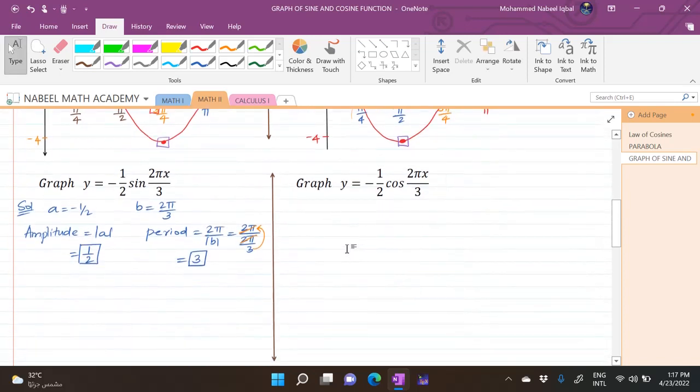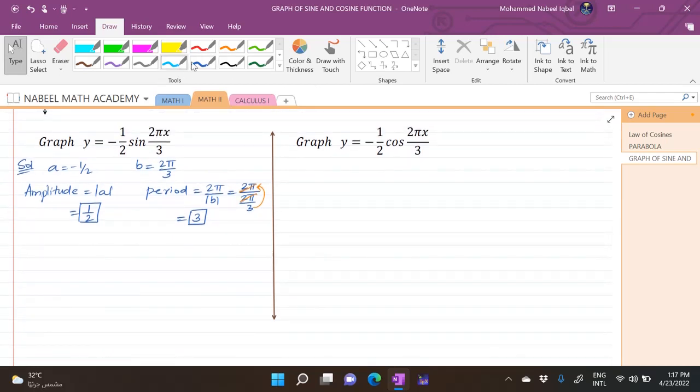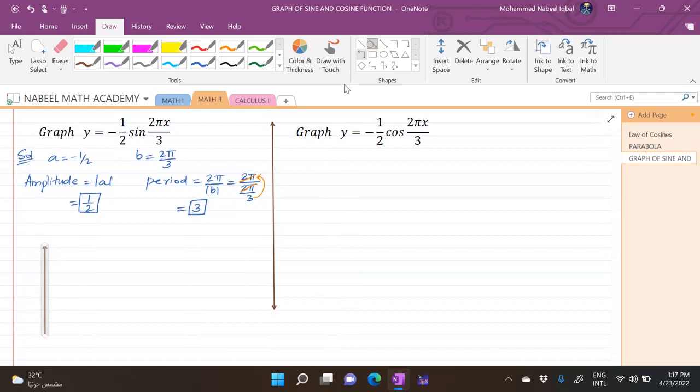Now similarly, I can write here the graph of the sine function. So what is the graph here? I write the same rule here, plus half and minus half, and then it is plus 3, and this is 0.